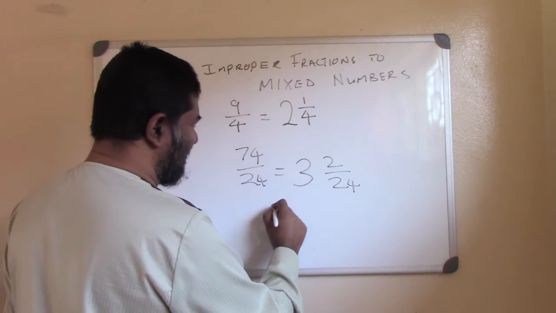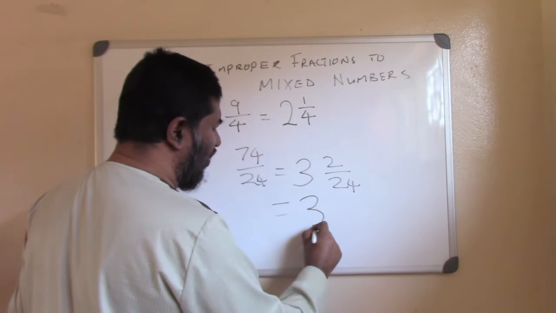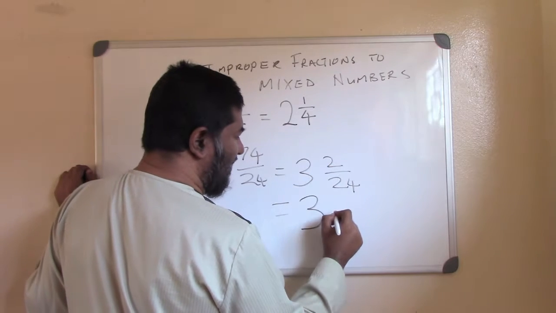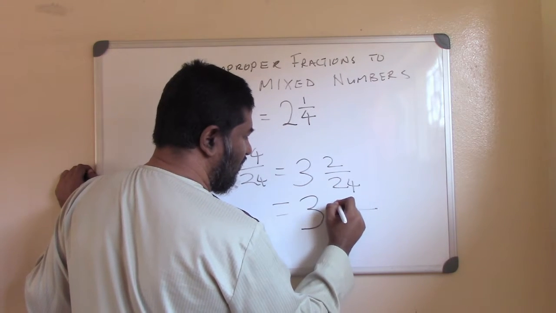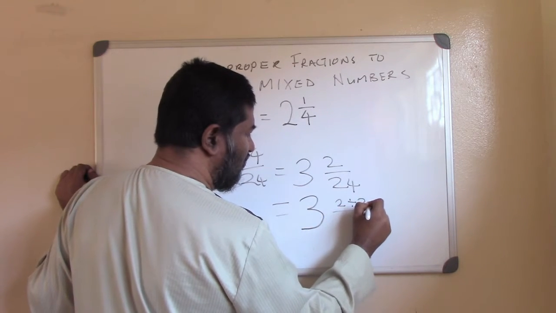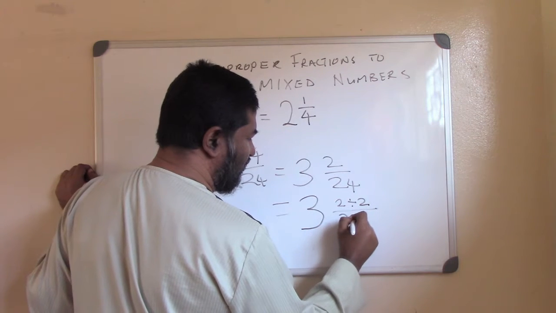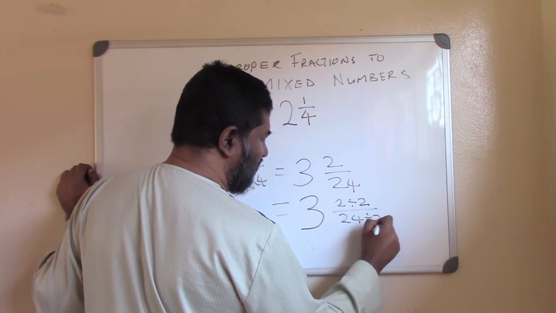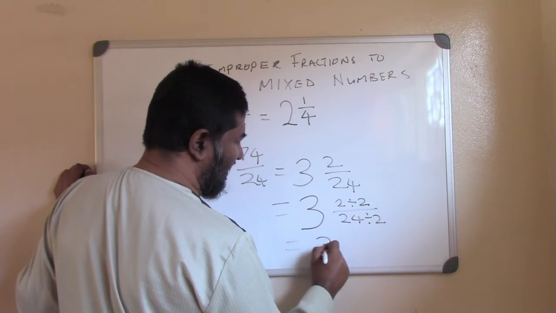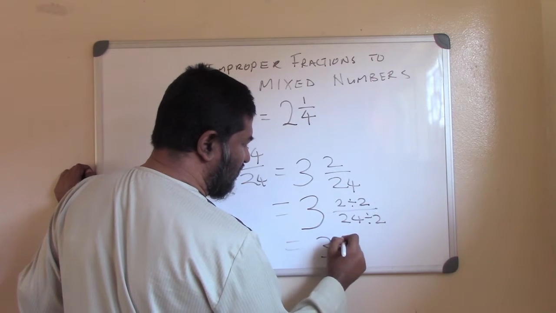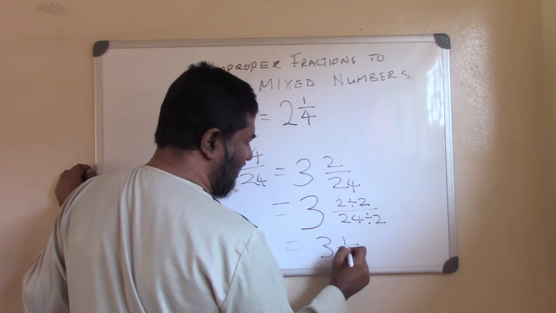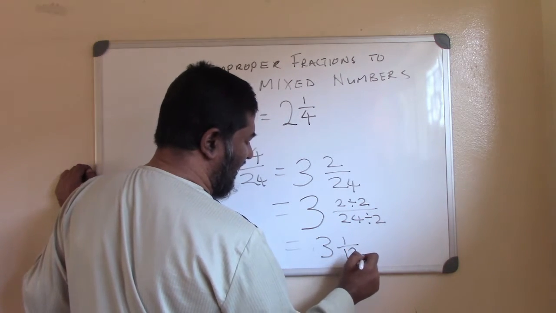So I'm going to say that's equal to 3 wholes. The 2 I am going to divide by 2, and the 24 divided by 2. 2 divided by 2 is 1, and 24 divided by 2 is 12.